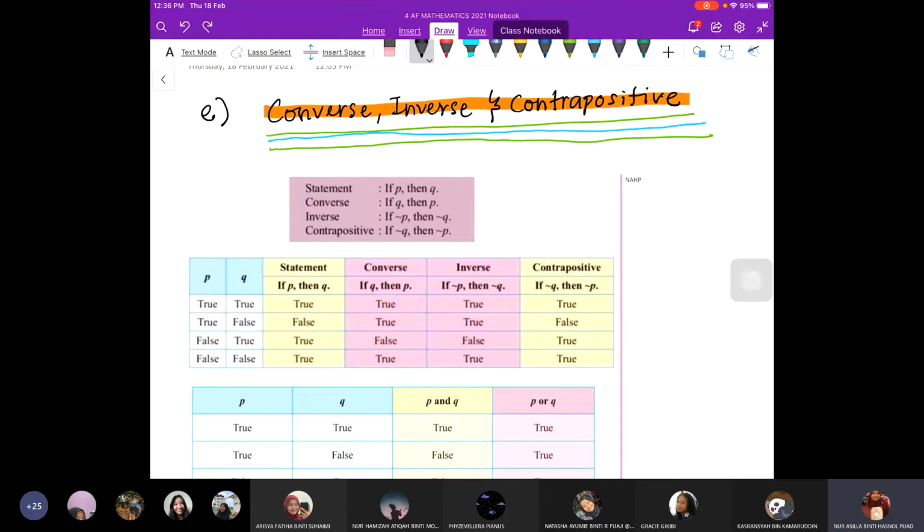Alright, so converse, inverse, and contrapositive, kita kena faham that this involves two statements. So when it involves two statements, it can be an implication.